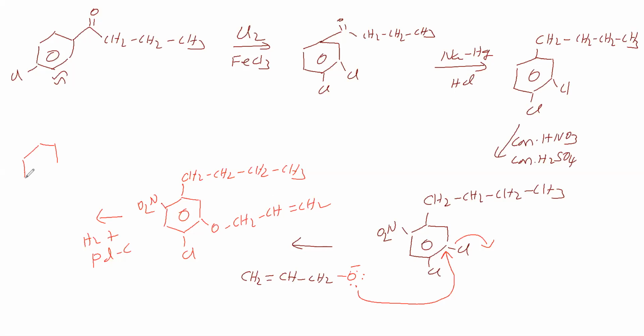Therefore, the product is here a butyl group, here the NO2 group, here Cl, here O-CH2-CH2-CH3. The double bond has converted into a single bond. Set. We will go for the next question.